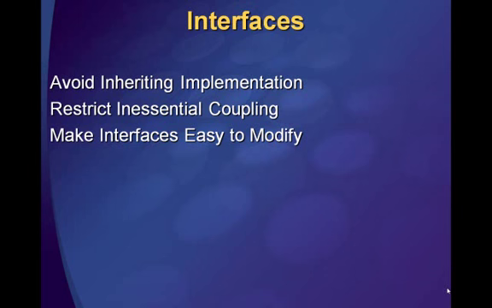It would be much better to use object composition instead of class inheritance to avoid these problems. In fact, the best thing to do would be to use interface composition. This will enable us to restrict inessential coupling and make interfaces easier to modify.